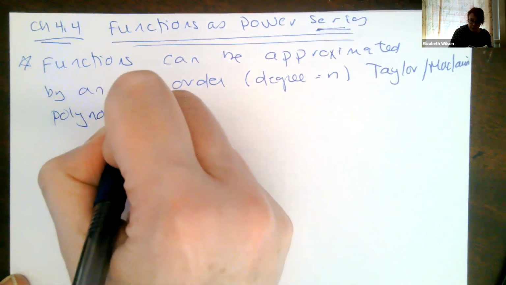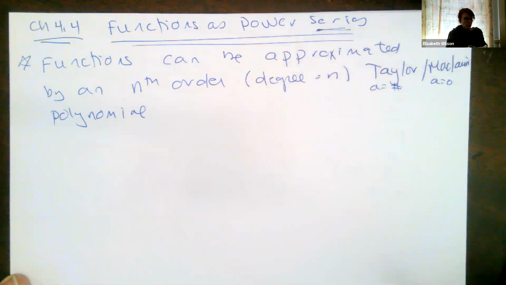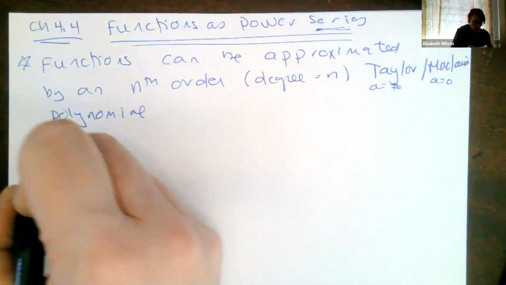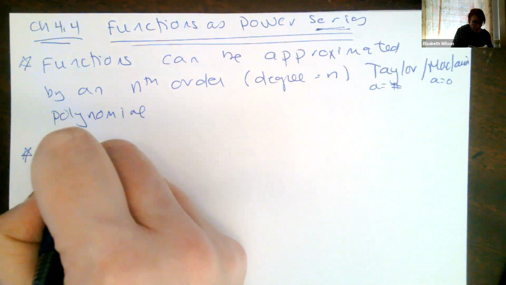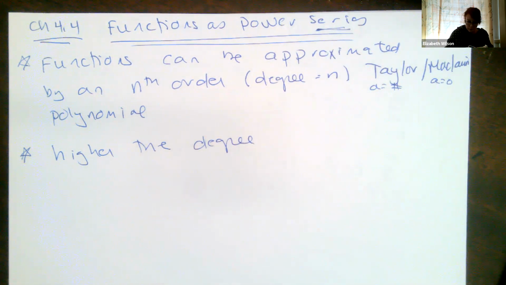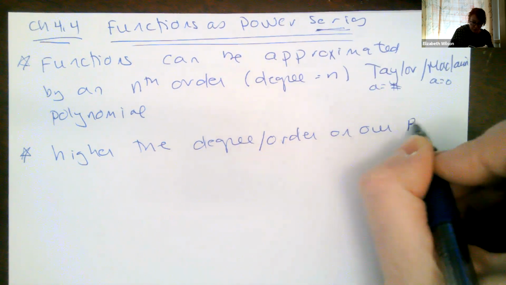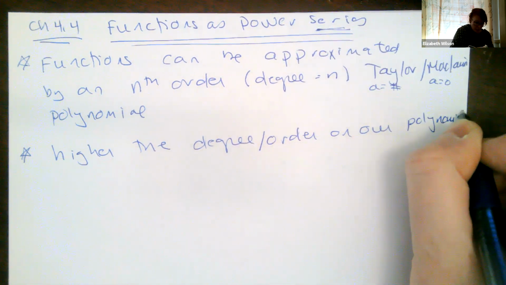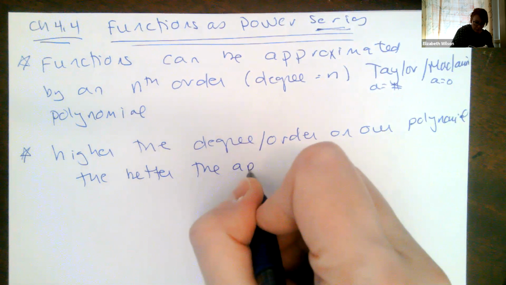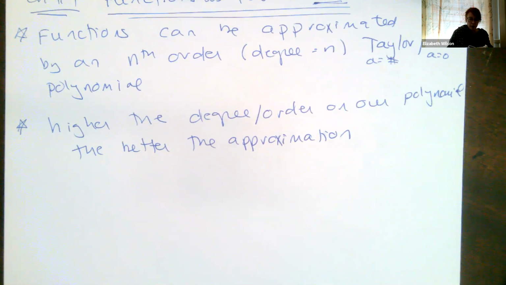Remember, Taylor and Maclaurin are the same, except that a equals 0 for Maclaurin and a equals some number other than 0 for Taylor. And importantly, the higher the degree, the higher the order of our polynomial, the better the approximation.